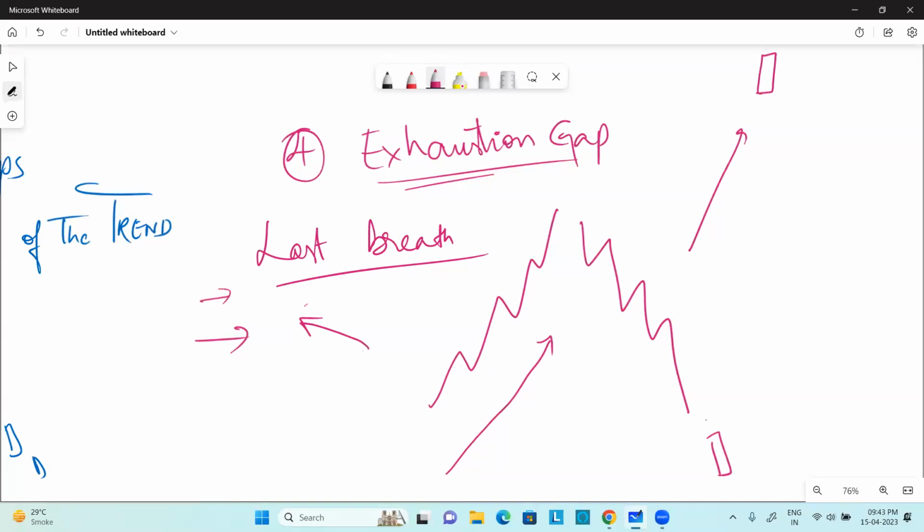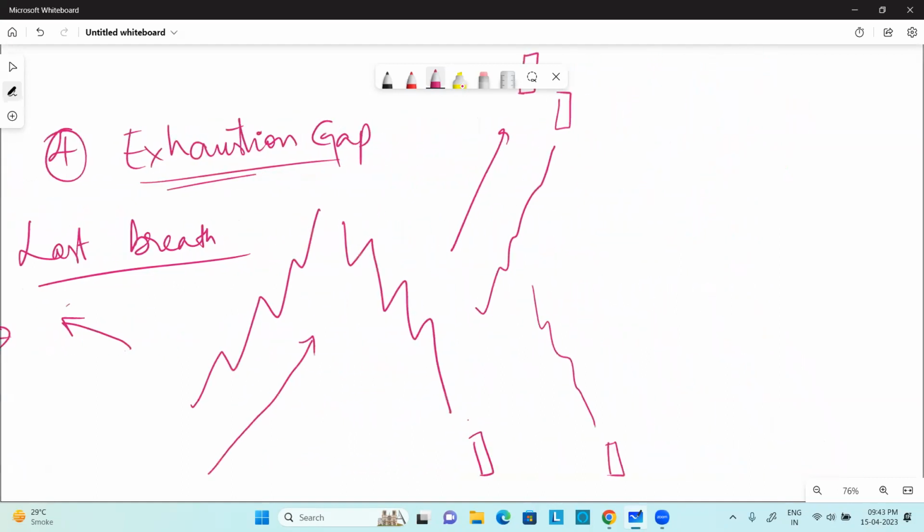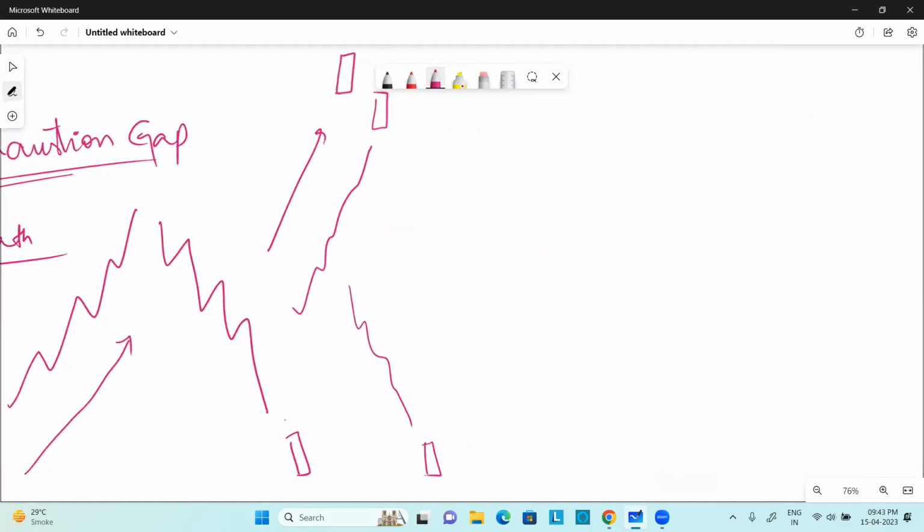So bullish में ऊपर चला जाता है ना, उसी का end में होता है. तो bearish में the very low, it will happen at the very low. That is the final exhaustion of the sellers and buyers. And most of the time this will happen near the resistance and support. और पहले का resistance होता है ना, resistance and supports में होता है.